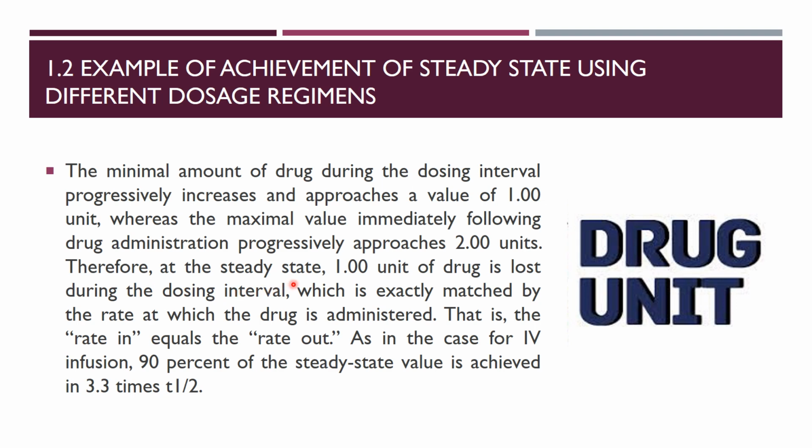Therefore, at the steady state, 1 unit of drug is lost during the dosing interval, which is exactly matched by the rate at which the drug is administered. That is, the rate in equals the rate out. As in the case for IV infusion, 90% of the steady state value is achieved in 3.3 times the half-life.